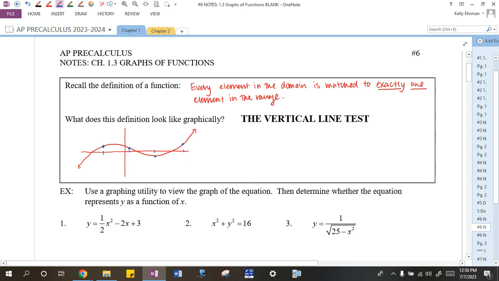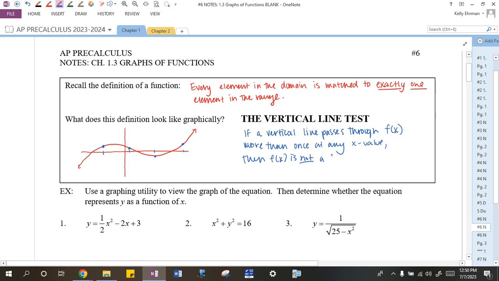And so we have something called the vertical line test, which says if a vertical line passes through, I'm just going to say f of x, a function, more than once at any, let's say x value, any input, then f of x is not a function.